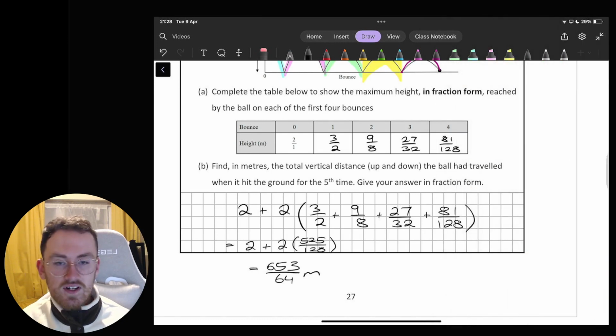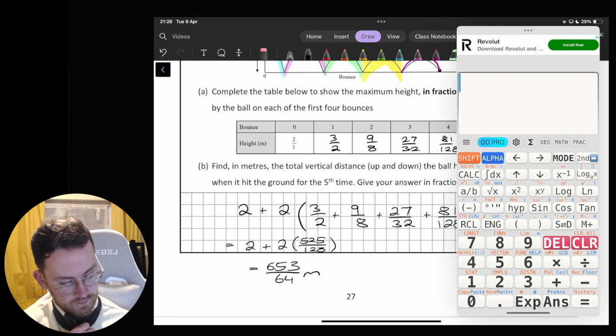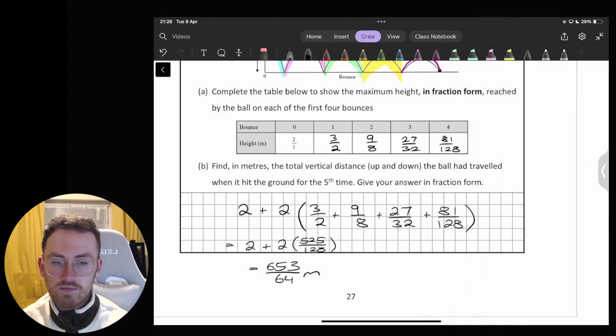Giving our answer in fraction form, we have 653 over 64. We could convert it to a mixed fraction if we really wanted to, but that's absolutely perfect.